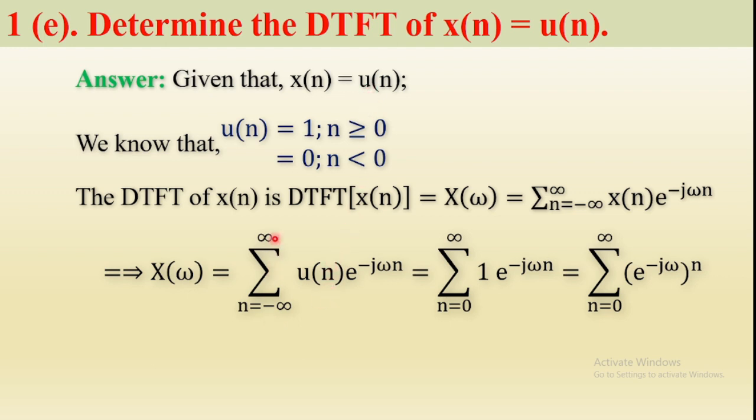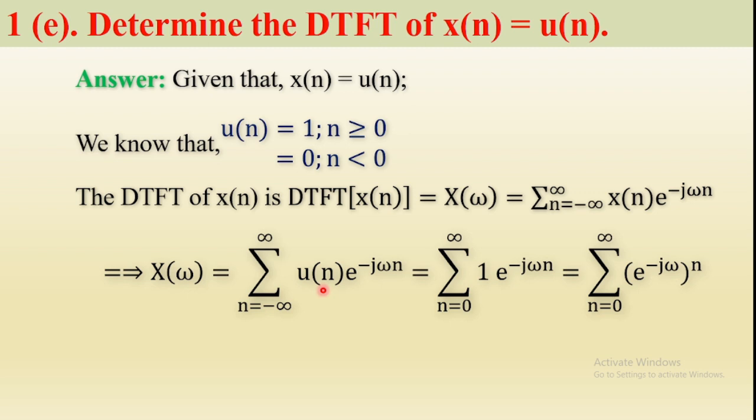We get X of omega is sigma n is equal to minus infinity to infinity u of n into e power minus j omega n, where u of n is the unit step sequence. According to the definition, u of n is equal to 1 for n greater than or equal to 0, which means n is equal to 0 to infinity, and u of n is equal to 0 for n less than 0, which means negative values of n.